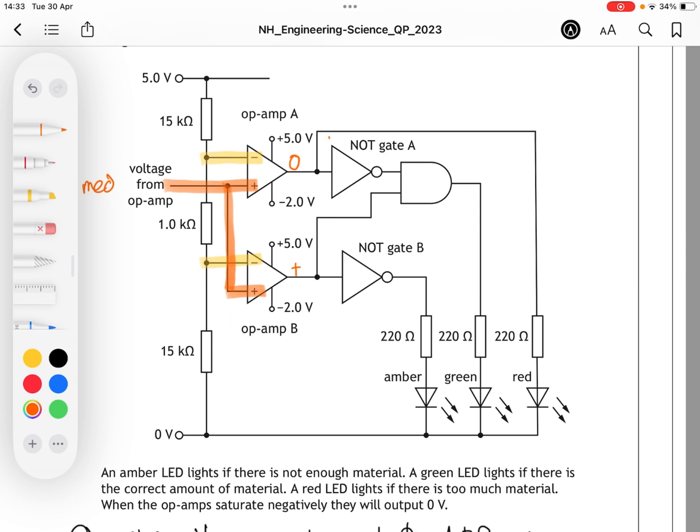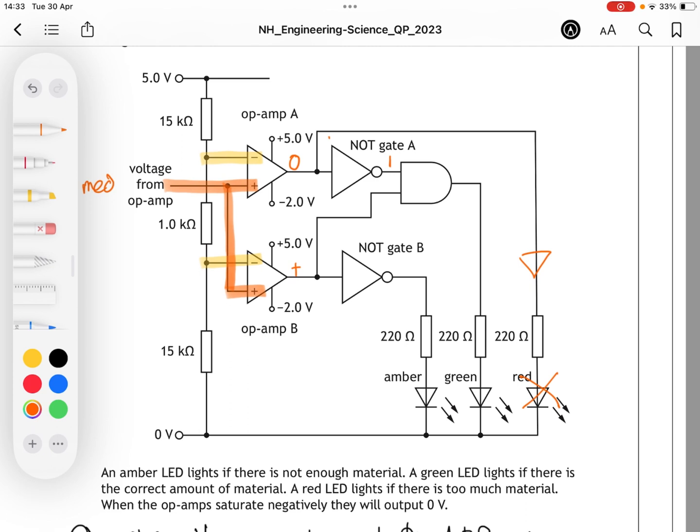And so what's going to happen downstream of that is going to change. So still, if we look at op-amp A, when op-amp A outputs a 0 by saturating negatively, our red LED is going to have no signal sent to it, and that's going to be off. And NOT gate A is going to output a value of 1.